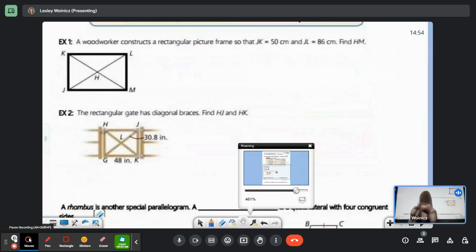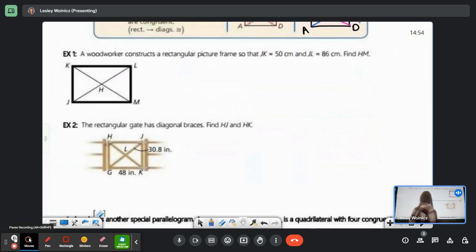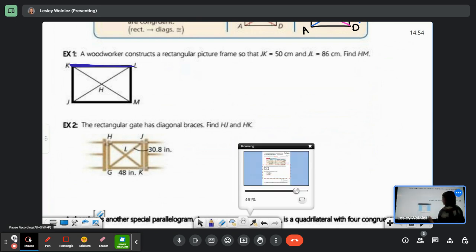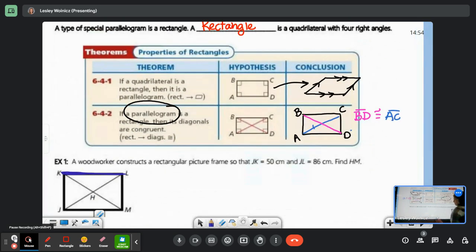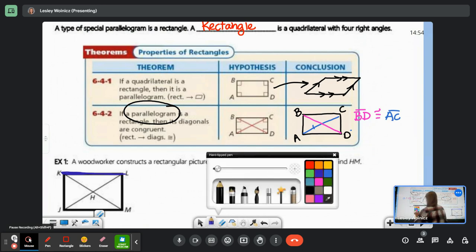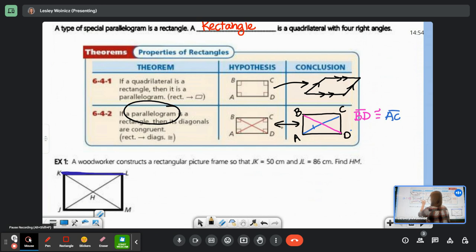So chances are these examples are going to apply those things. We have a rectangular picture frame where JK. Wait, is it backwards and forwards? That's a good question. Yes. Thank you. Backwards and forwards.